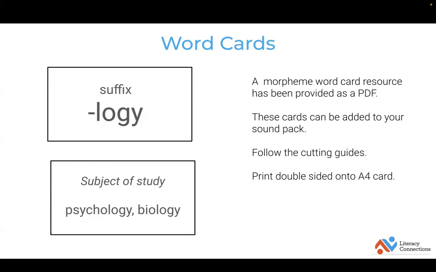That can be added to your sound pack. If you're working with small groups, that's really helpful so that we make sure that the morphemes are being reviewed as well. That's as an A4 PDF, with cutting guides. If you print double-sided onto just light A4 card, you'll be able to cut those out and have the morpheme on the front and the definition and examples on the back.